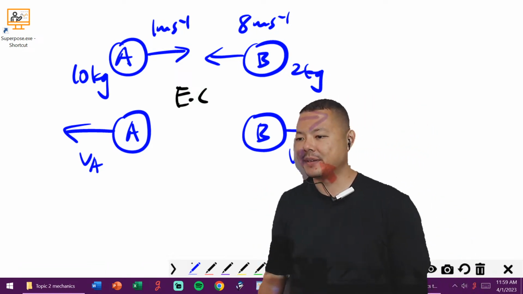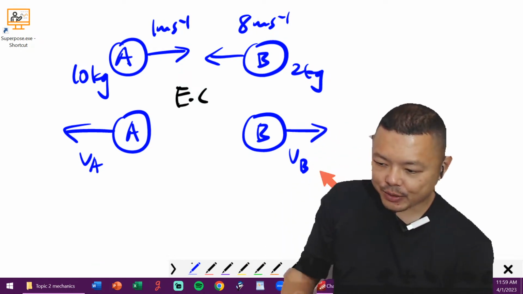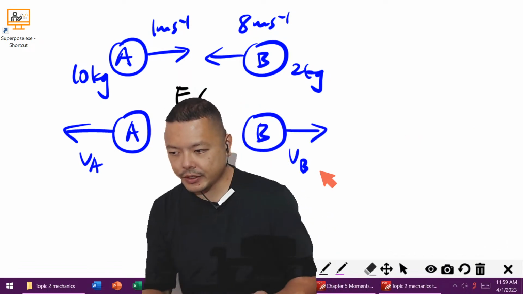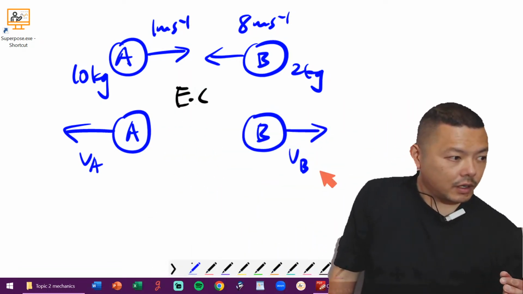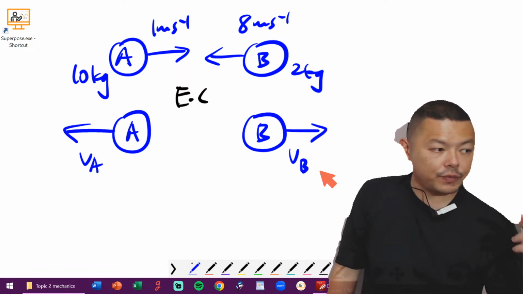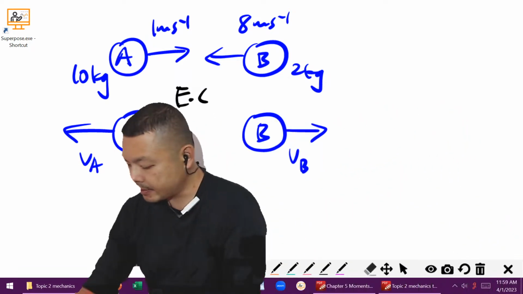I just said the momentum equation. Look at the notes, please. If you're not sure, look through the notes. What's the other equation that you can use? So u1 minus u2 equals v2 minus v1, right? That's the other equation, correct or not? So I'm just going to write that down.